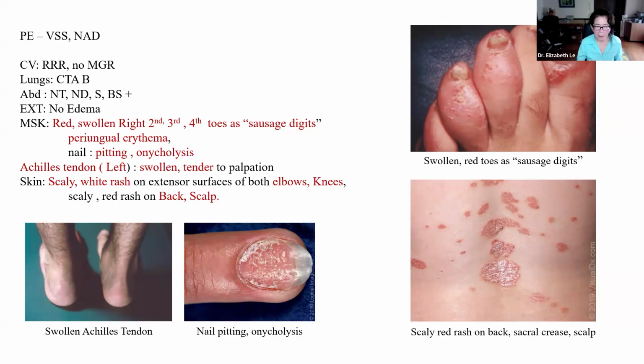The skin has a scaly white rash on the external surface of both elbows, knees, on his back, and his scalp, just like this. And if you see this on the back, also make sure that you look at the gluteal crease between the gluteal area, and you would see a typical mark of that rash.